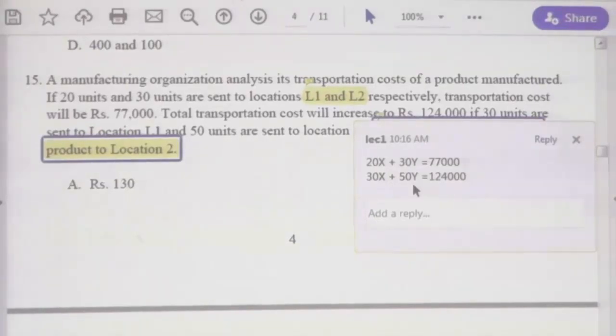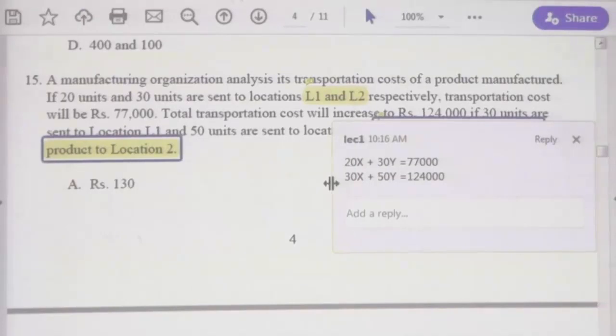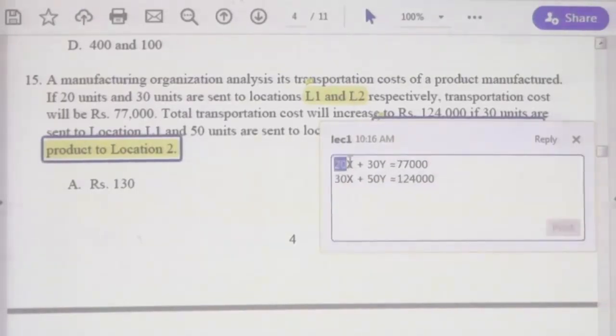Once you solve this simultaneous equation to eliminate x, what you need to do, here 30, here 20. Therefore, to take this 20 to 30, this formula needs to be multiplied by 1.5, then 20 will become 30.